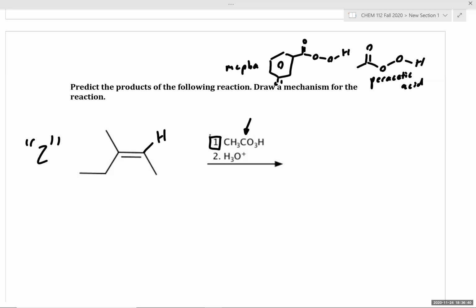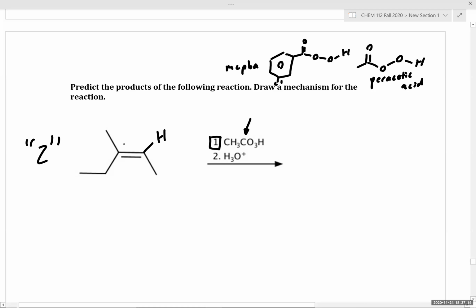So for example, if I took this alkene and I treated it with MCPBA, what would I get out? I see in the chat someone mentioning an alkoxide. Not quite. You don't get an anionic alcohol out.